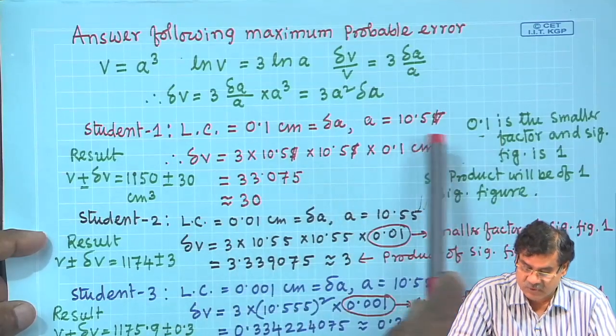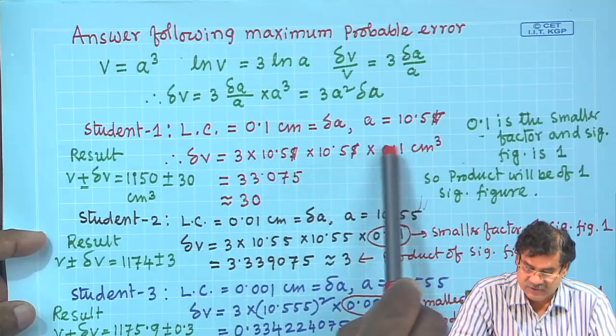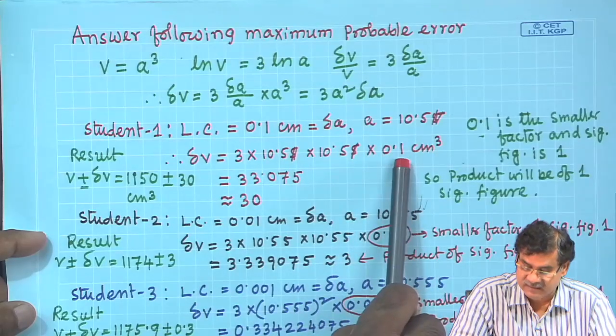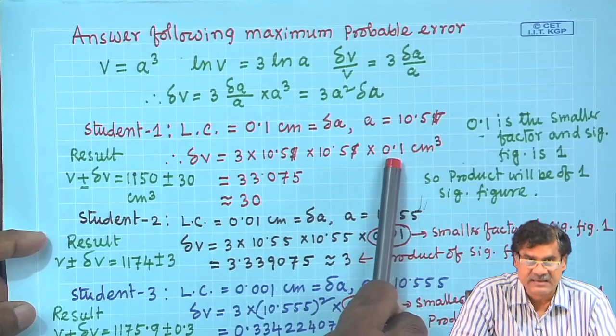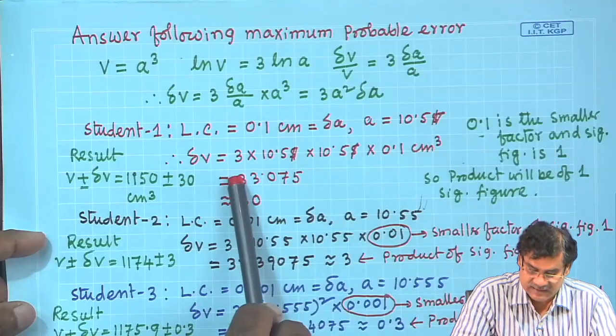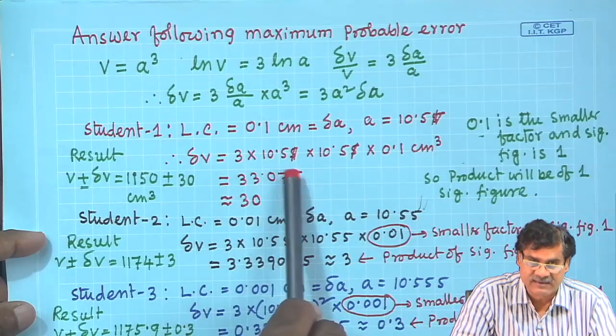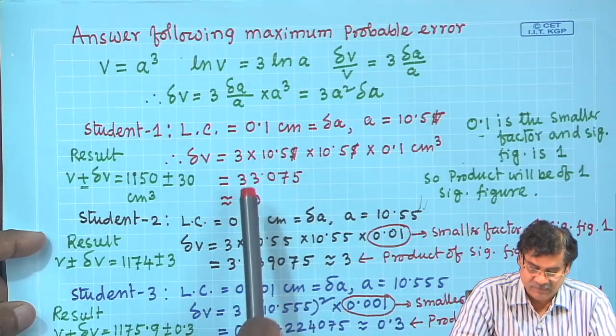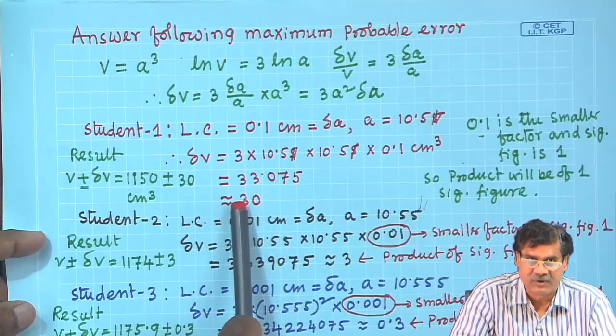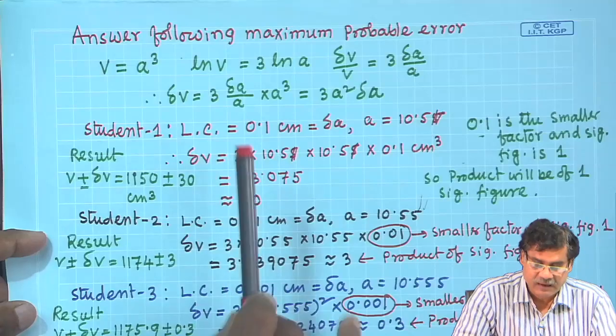So, among these, 0.1 is the smaller factor and its significant figure is 1. So, I cannot accept this result; the result has to also be of significant figure 1. That is why it is 30.